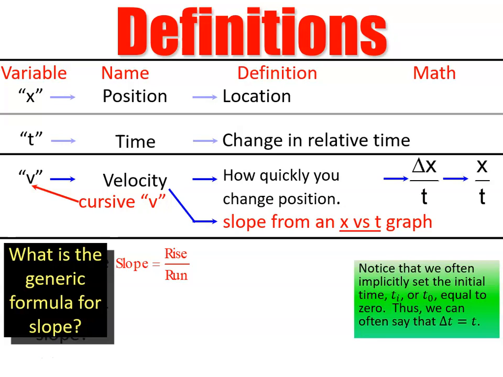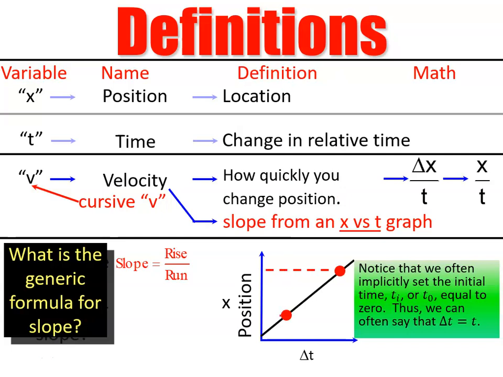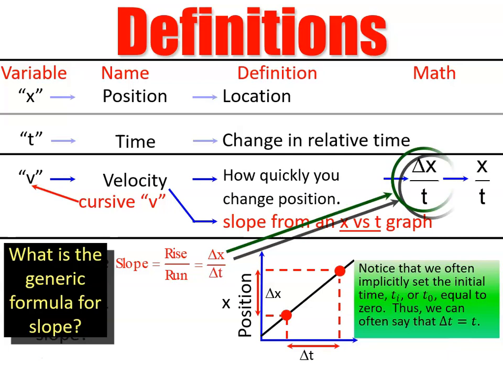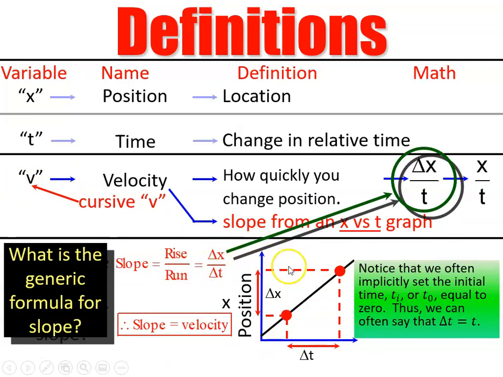So if we have a position versus time graph, rise over run, if we were trying to take a slope of that, would be delta x, the vertical stuff, divided by delta t, the change in our horizontal part. There we go. So there it is in that formula.